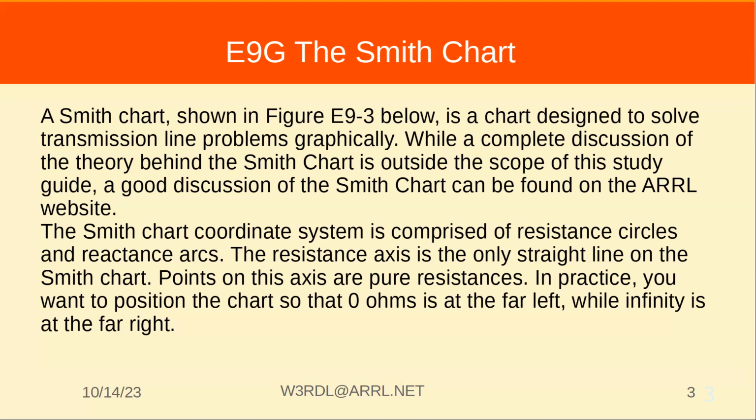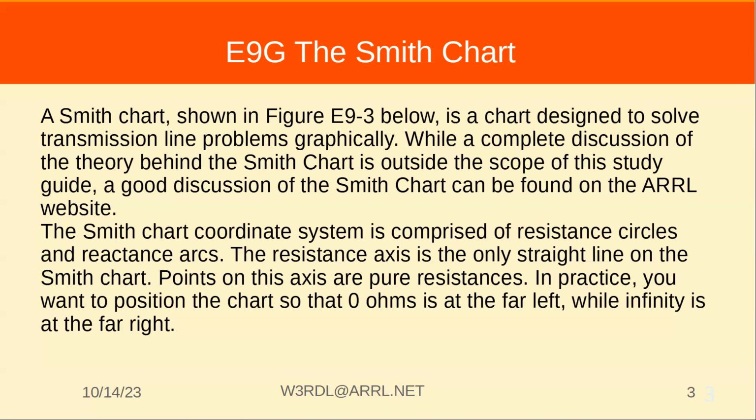The reason for the circle is the changing frequency, the wavelength. It's a quarter wavelength halfway around the circle. So at one end of the resistance axis, on the left, normally, it's 0 ohms, 0 resistance.